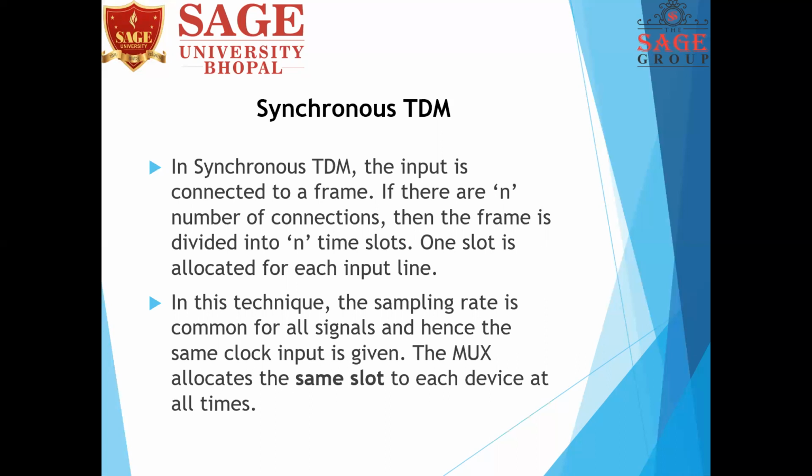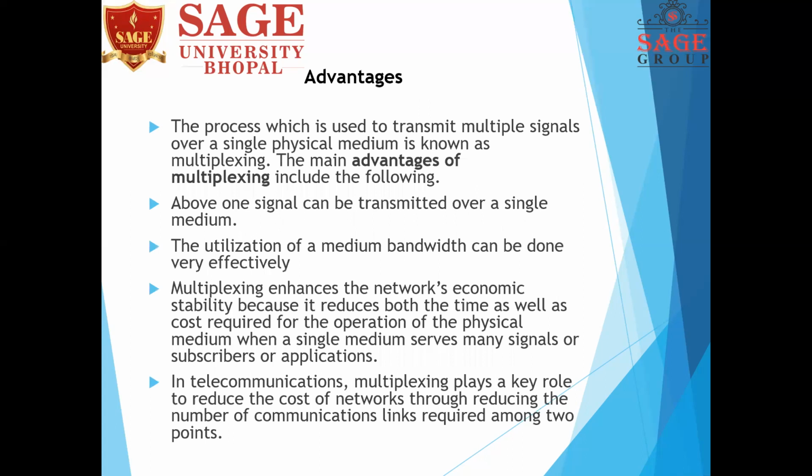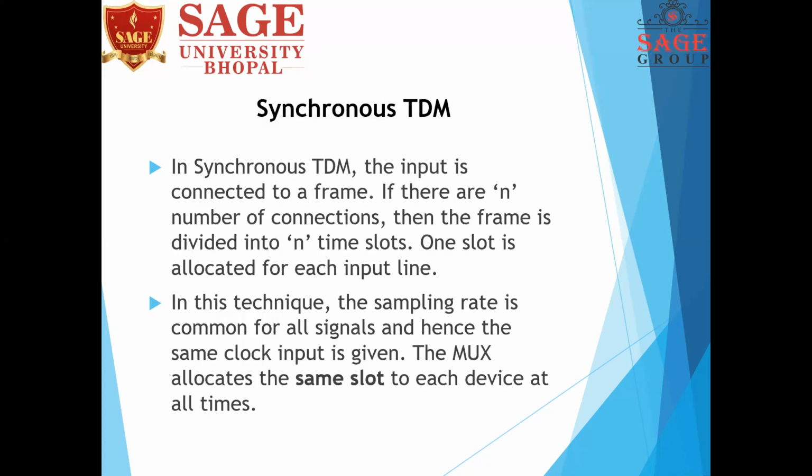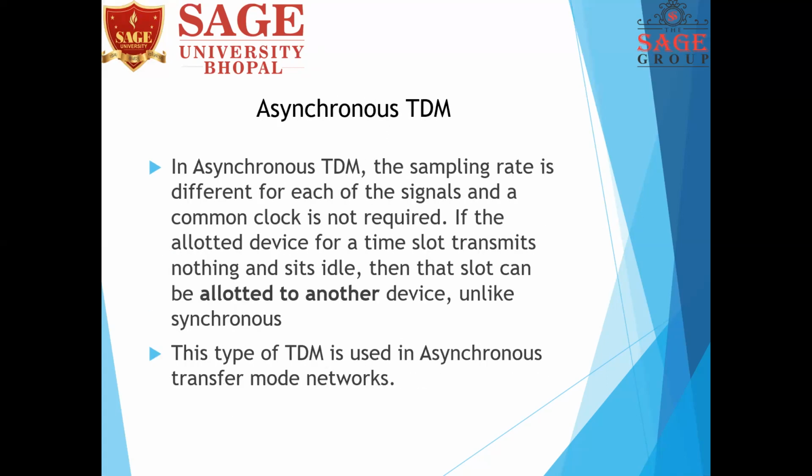Synchronous means all inputs are divided into the same times. In asynchronous, inputs are not defined by time, and clock pulses are not used here. So this is asynchronous TDM.